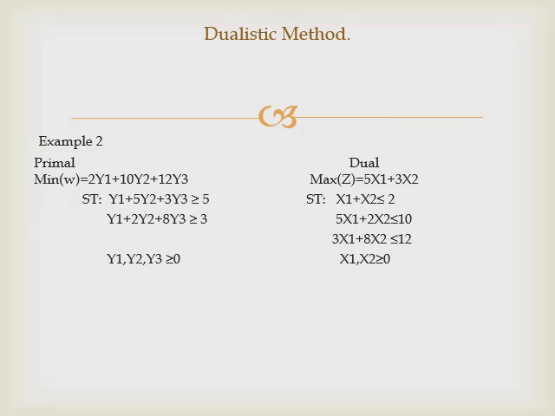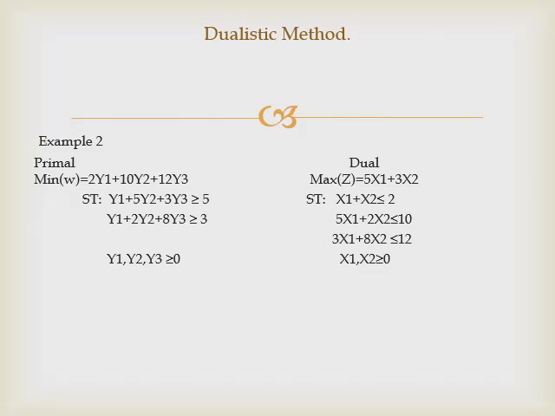The components of the primal are usually the objective function, min W, which is about minimization.